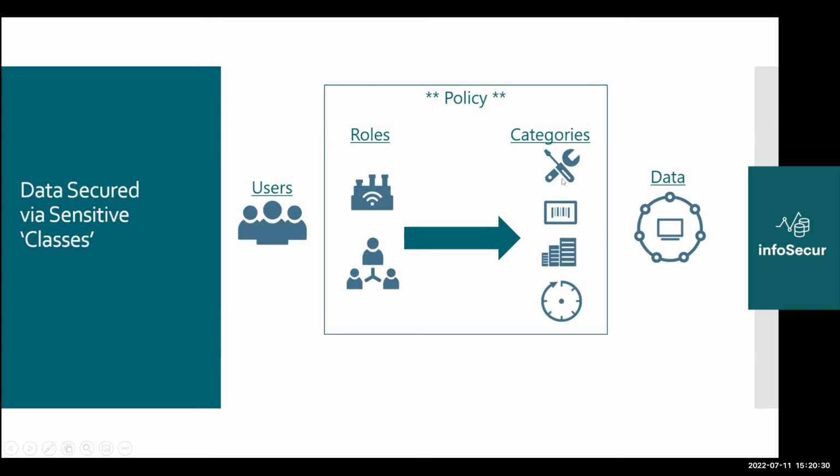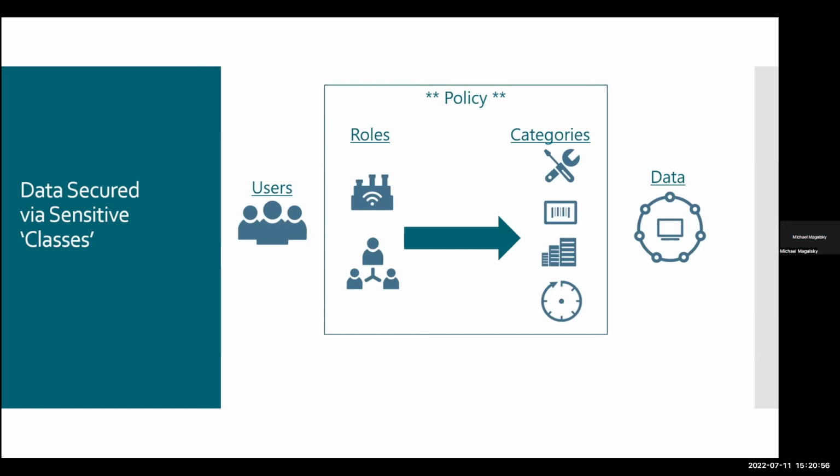And then we assigned those classes to roles to create a policy. Some of those roles were assigned to users. In another case, in a special exception case, we had an exception class that we assigned directly to Sally to revoke her privilege to see 18-year-old data. And that ends the demo on creating policies in infoSecur.